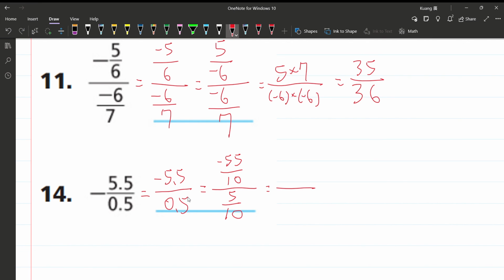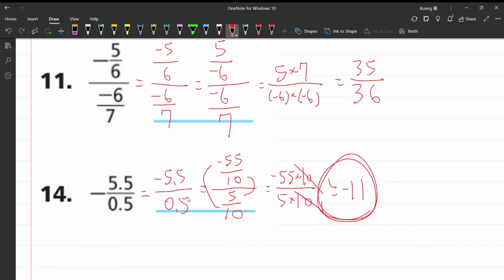And then this times this equals this times this. Again, you can cross out this. And 55 divided by 5 is negative 11. So that's also how you can find the answer.